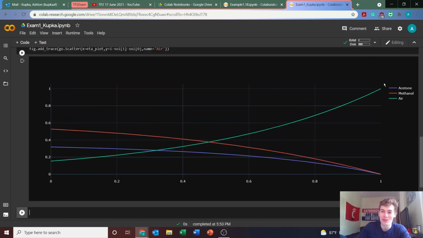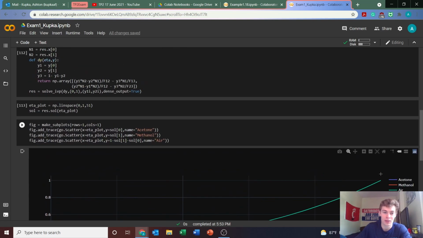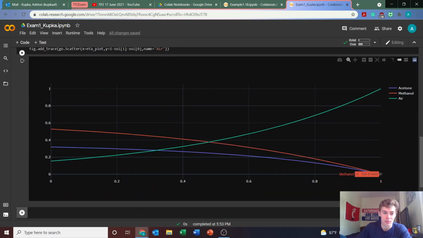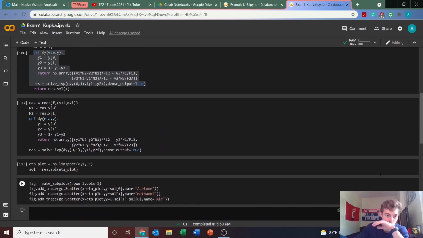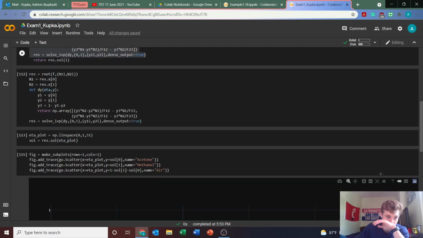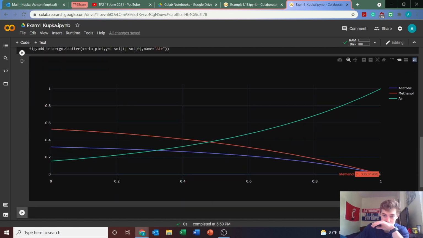Okay, so it makes sense because at 1, or at the top of our container, our mole fraction of air is 1, while our mole fraction of methanol and acetone are below there. Hold on a second. Something doesn't seem right here. No, it seems right.